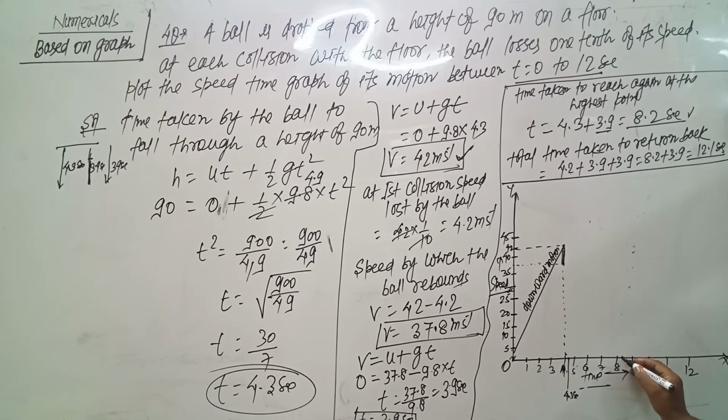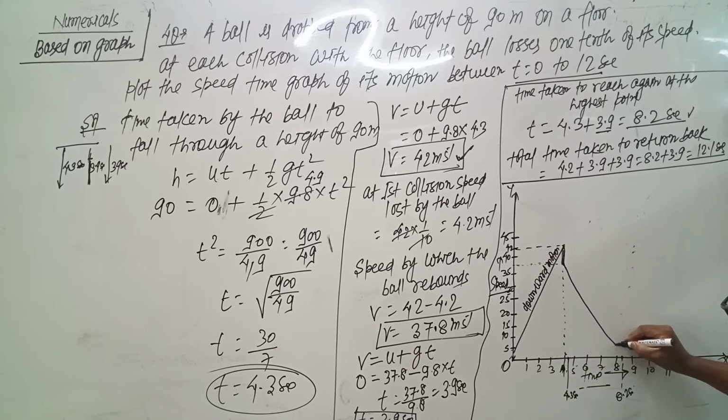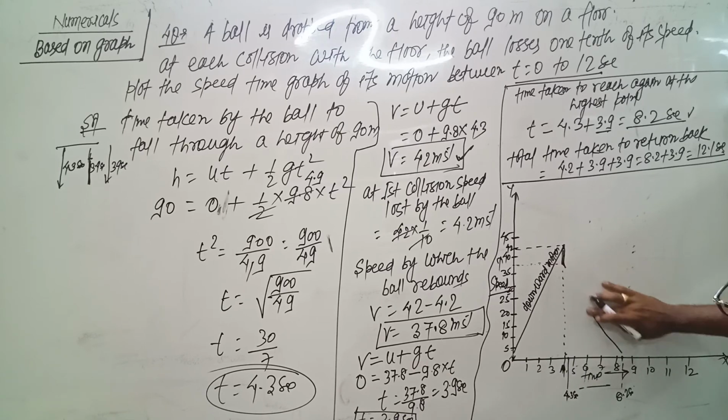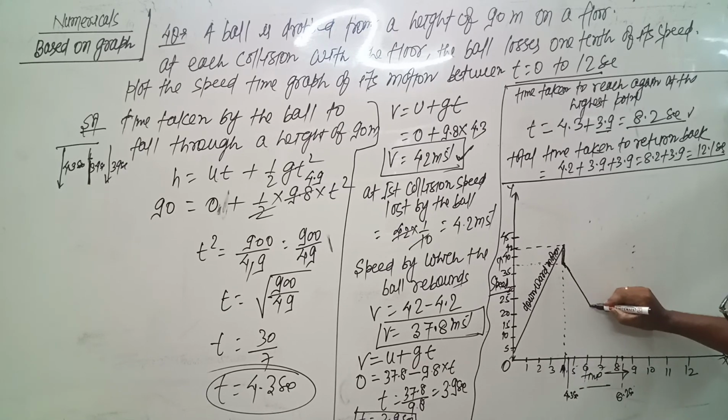So this is the time, 8.2 seconds, and by losing its speed, the ball reaches the highest point at 8.2 seconds.